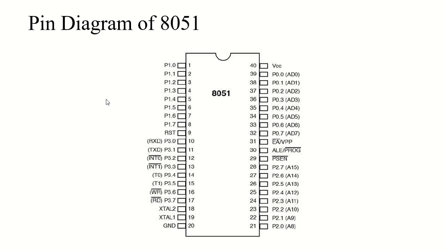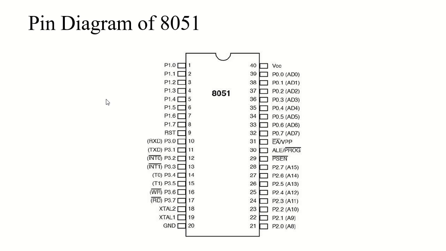Port 2 is also designated as A8 to A15, as you can see here, which indicates the dual function. Since 8051 and even 8031 are capable of accessing 64 kilobytes of external memory, they need a path for a 16-bit address, while P0 provides the lower 8 bits via A0 to A7.